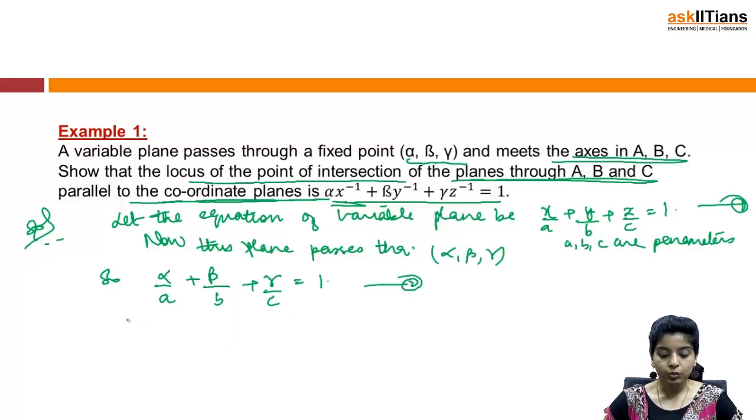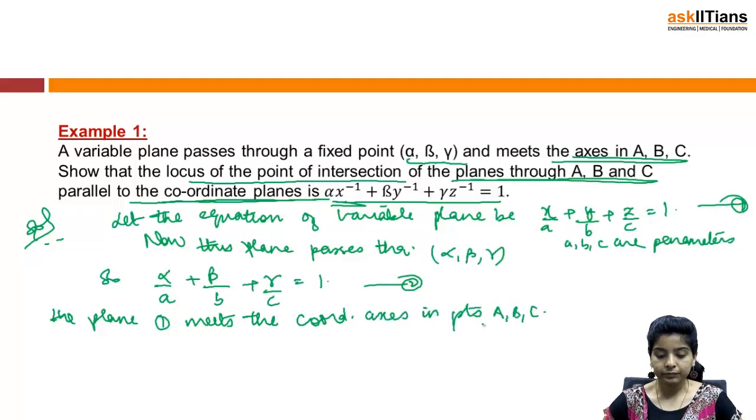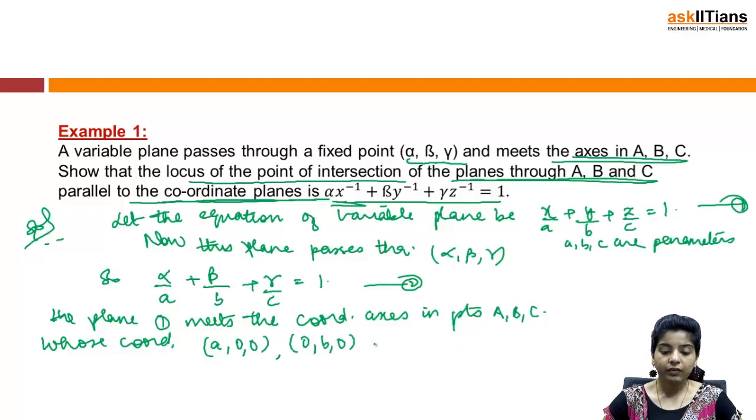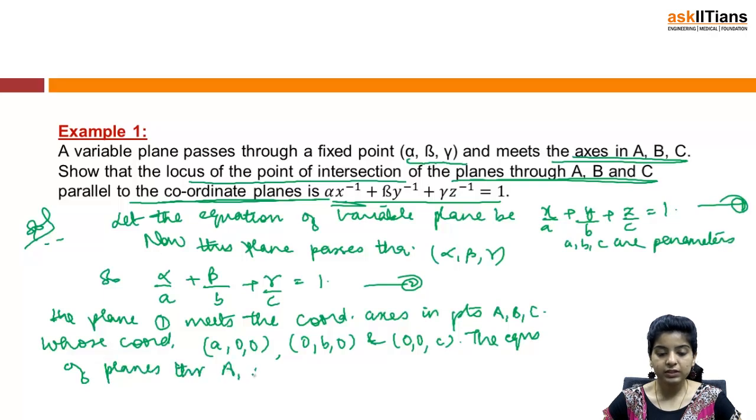So this is my equation 2. Now the plane 1 meets the coordinate axes at points A, B, C, whose coordinates, if you remember, would be A 0 0, then 0 B 0, and finally 0 0 C. So the equations of planes through A, B, C are x equal to A, y equal to B, z equal to C respectively.